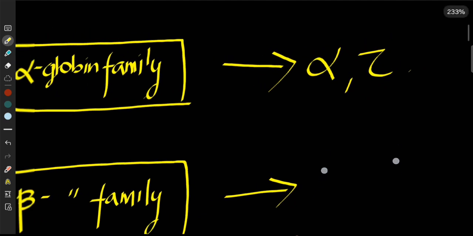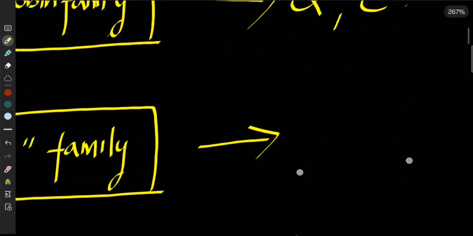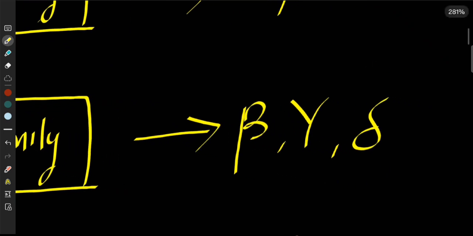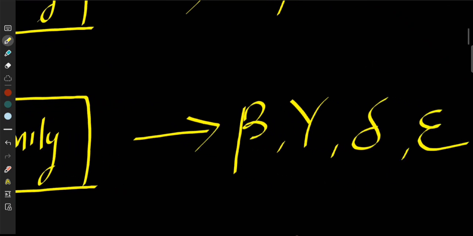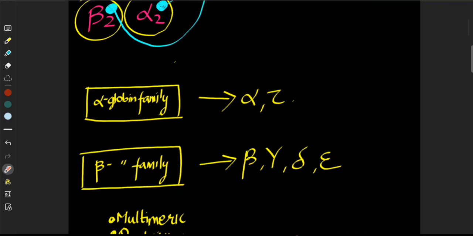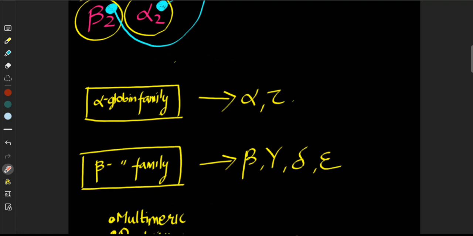The beta family consists of beta, gamma, delta, and epsilon. So together, alpha and beta consist of 6 types of chains which could be present in hemoglobin. Now we're going to learn about these chains and where exactly they are present.